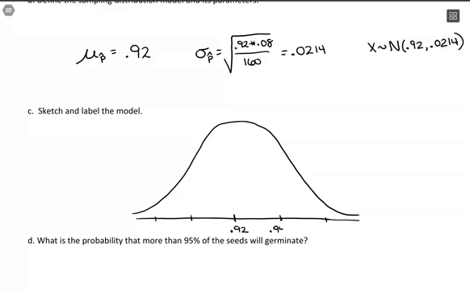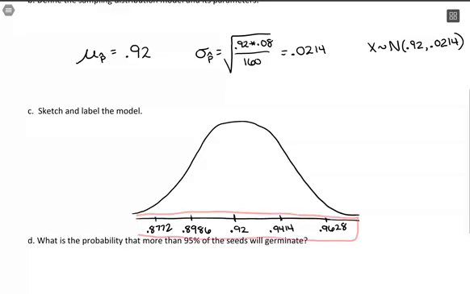So this will be 0.9414. This will be 0.9628. And here's 0.8986 and 0.8772. So with this number line, again, just to emphasize, this is a number line of percentages.